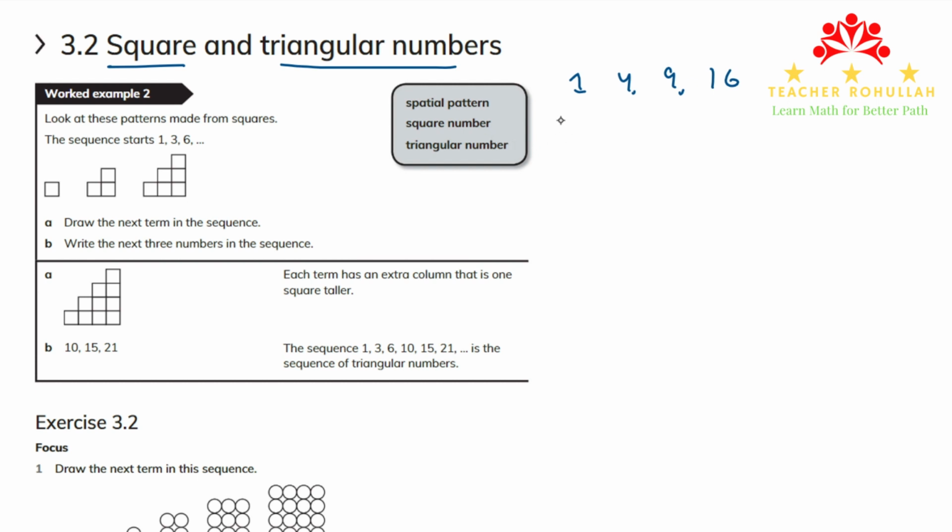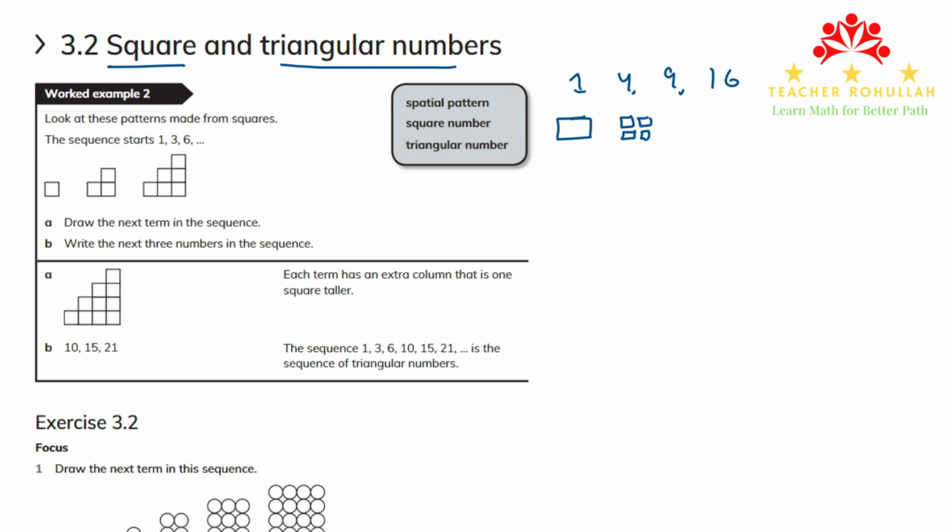If we use drawing to show this sequence or this pattern, that's called a spatial pattern. How? For 1, we use 1 square. For 4, we use 4 small squares, which still give us a square. So this way of showing a pattern is called a spatial pattern.